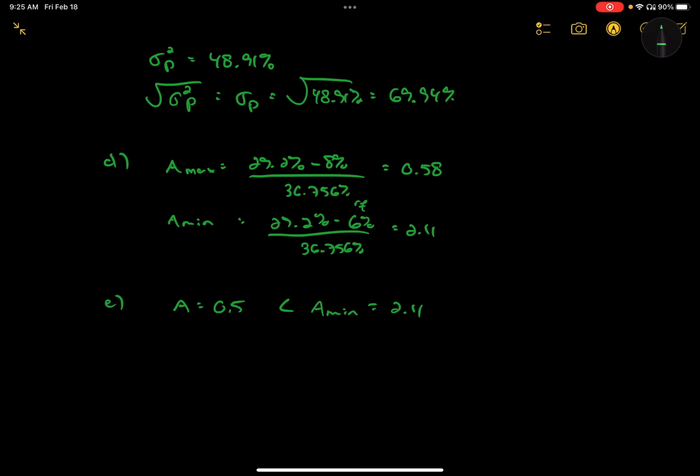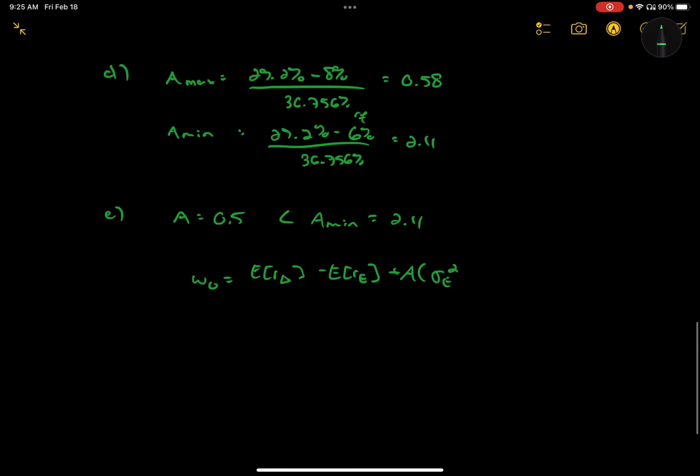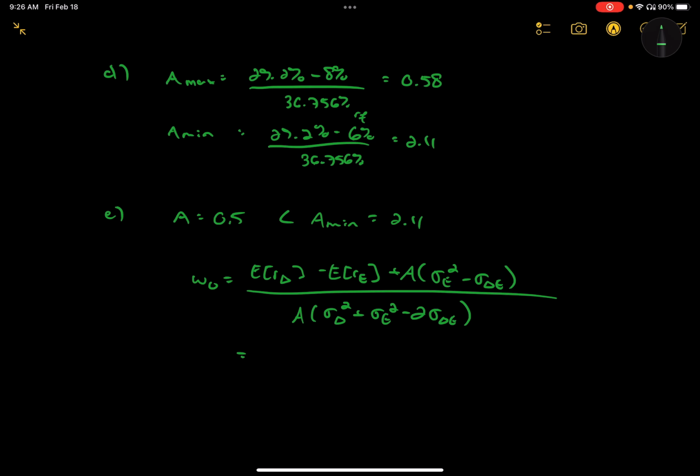So we'll just use the formula for the optimal portfolio with two risky assets. That formula looks something like this.